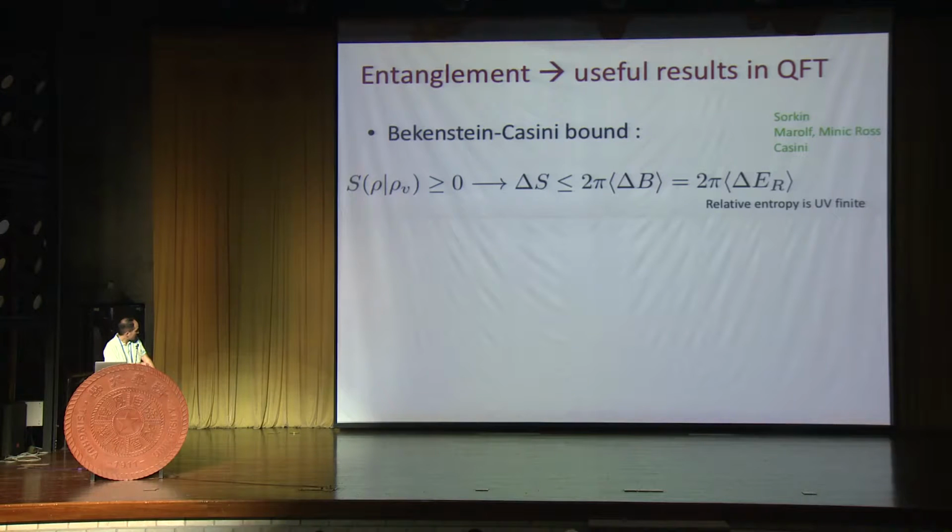So as we saw, an important property of relative entropy in quantum field theory is that it is UV finite. So we saw that there were divergences in the definition of the entropy, but these divergences cancel when we compare the two density matrices. And so the positivity of this quantity implies that the difference in entropy between the state rho in that subregion and the vacuum is less than or equal to the expectation value of the boost Hamiltonian, or the Rindler energy.